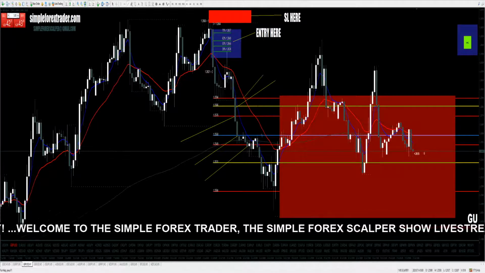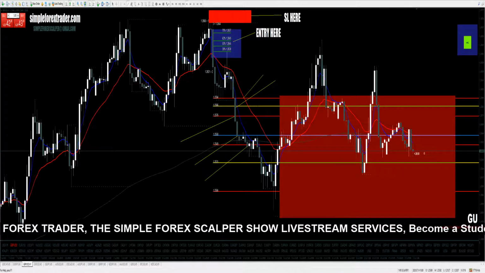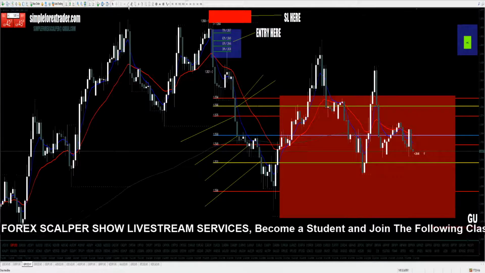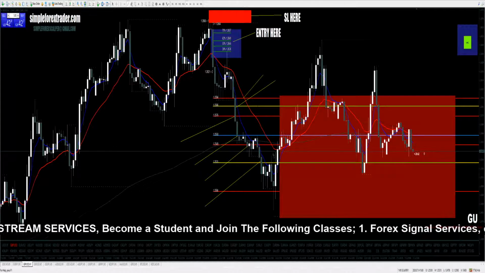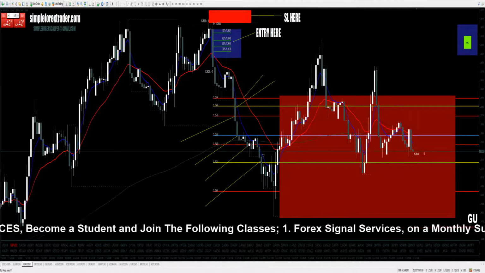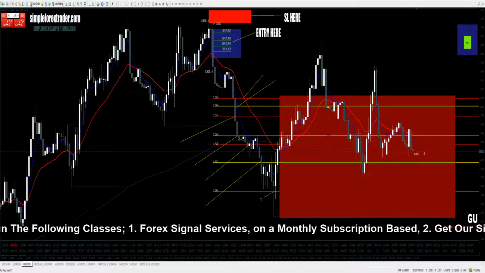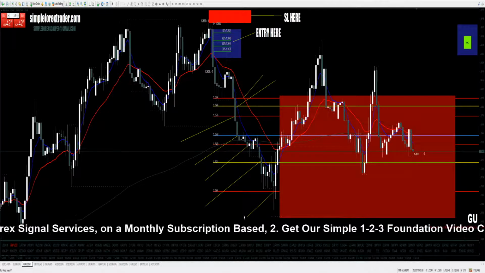Or if you retrace back up a bit to target 4, if you want to keep going, your target 5 is here. And then you keep going, it retraces a little bit to the original candle there at target 5, and then it just drops. So you can actually keep going at target 6 if you want, and close your profit there.